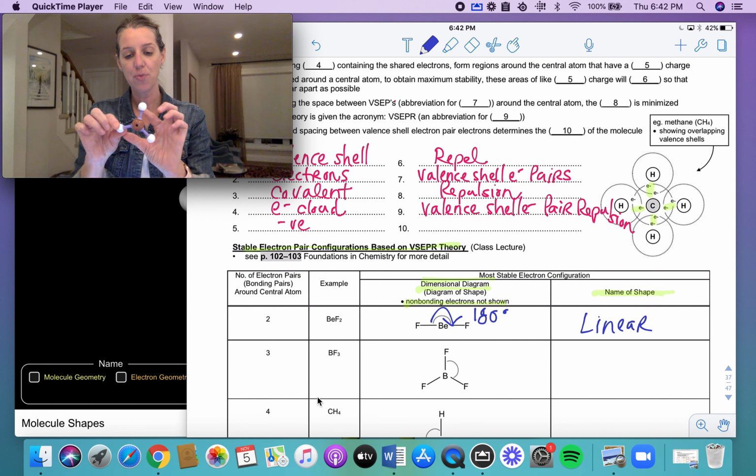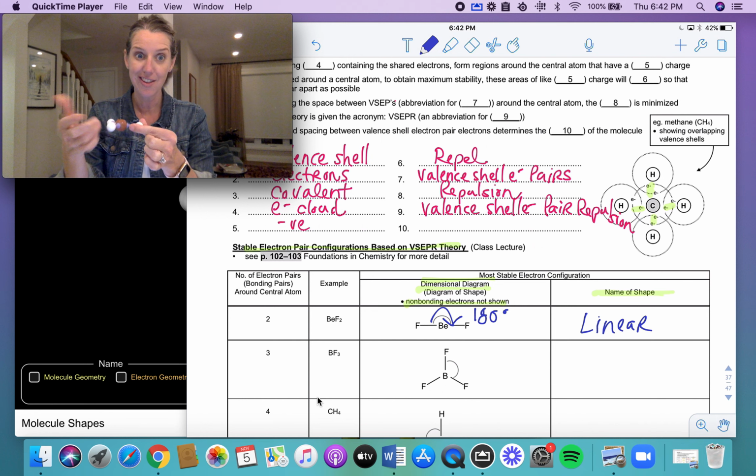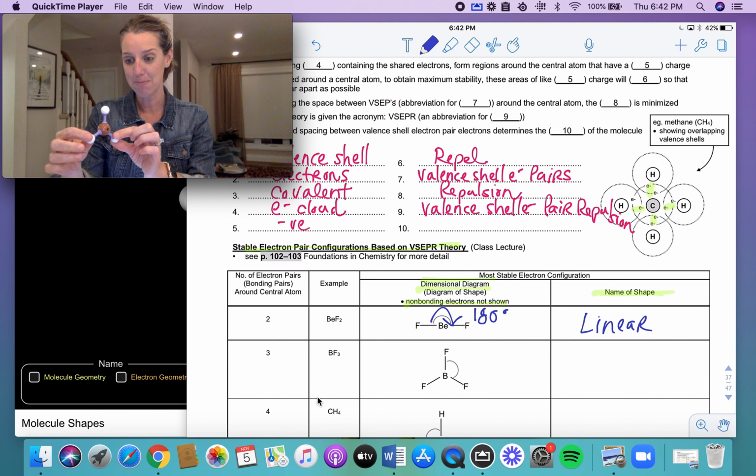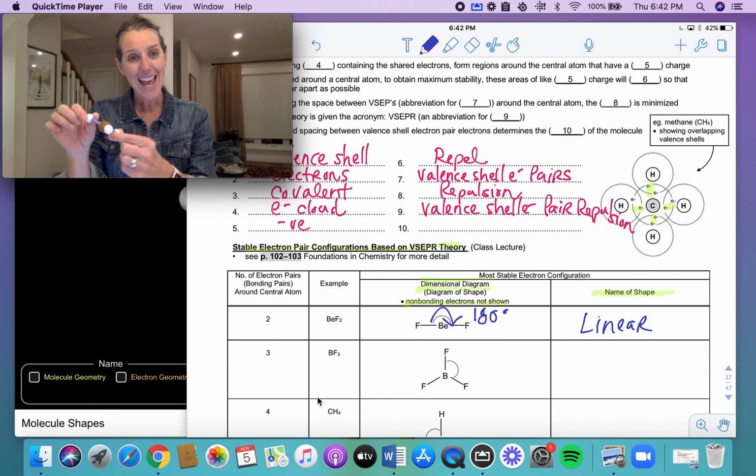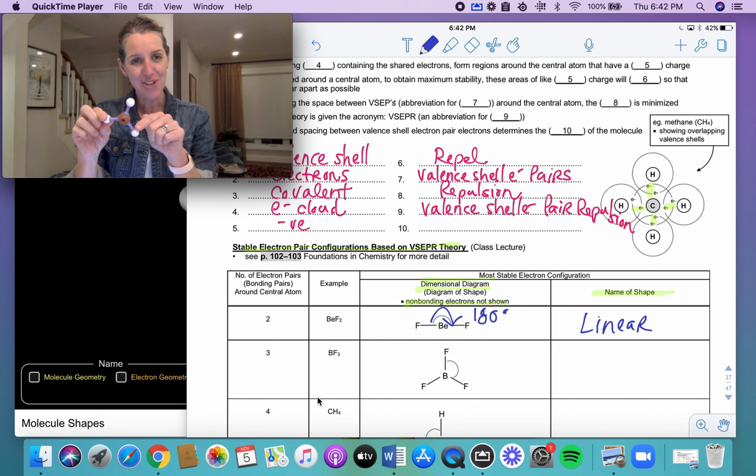That's shape number one. Shape number two: what if you have three things surrounding a center atom? No matter how you look at this molecule, because remember it's a three-dimensional shape, so you're going to have to watch some animations, or you're going to have to build it and move it around, no matter how you arrange this molecule, these three electron pairs are going to be as far apart from each other as possible.